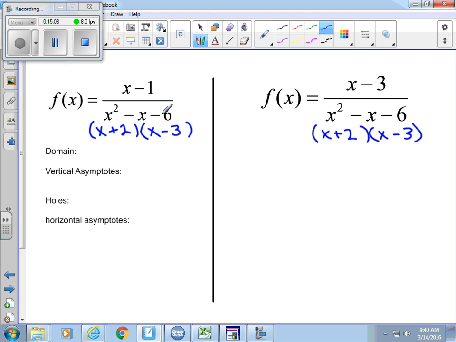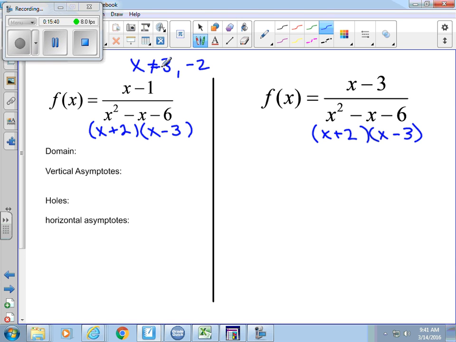I can plug in 0, get 1/6. What can't it be though? He's on the right track. What'd you say? The bottom can't be 0. Everyone agree? Because I can't divide by 0. What makes the bottom 0? 3 and -2. So x cannot be 3 and x cannot be -2.